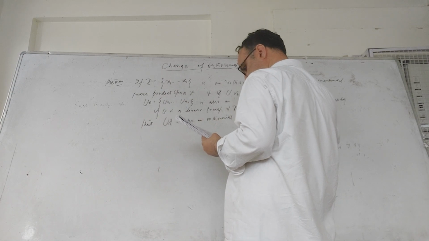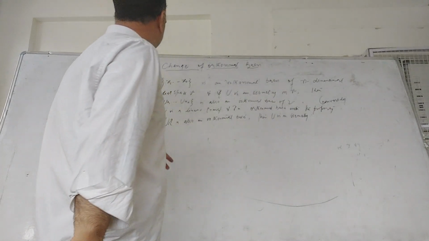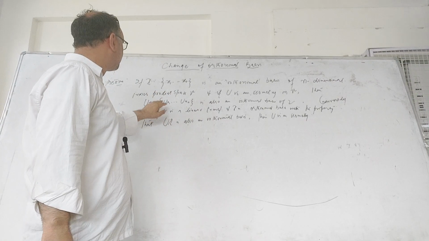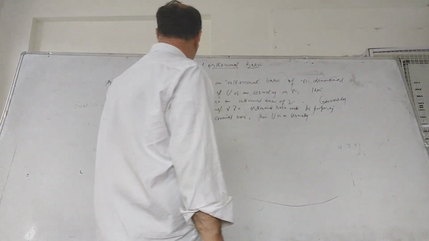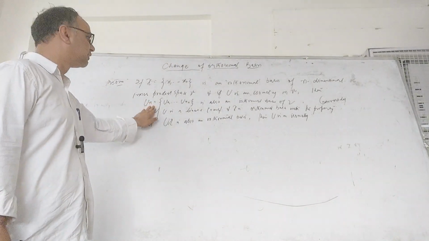So that's the point. If this is an inner product space, and U is an isometry on V, it's also this thing.